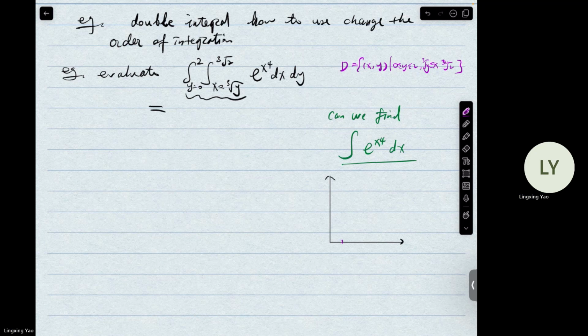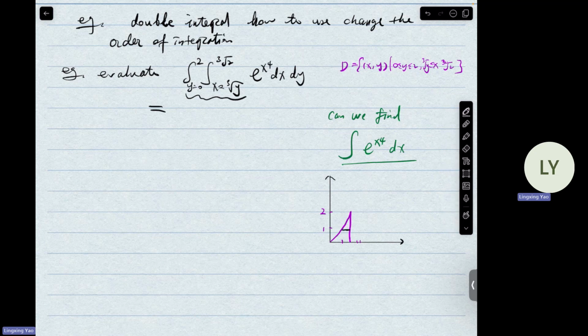So if we want to plot it, we should see this. The integral is treated as this type 2 region, right?